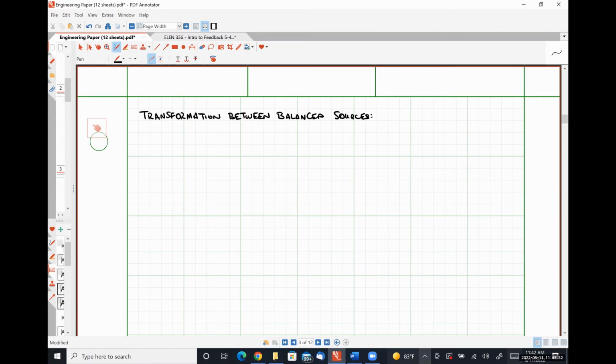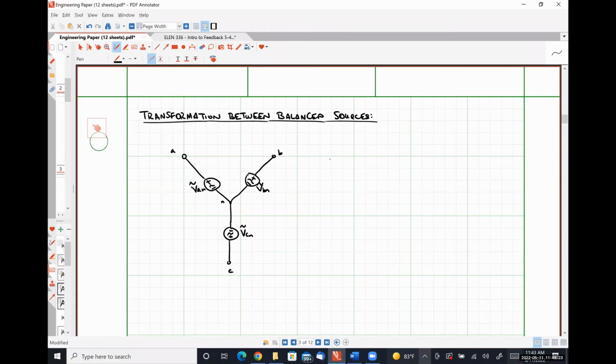All right. So let's first consider a Y connected source, where this is our voltage VAN, this is our voltage VBN, and this is our voltage VCN.